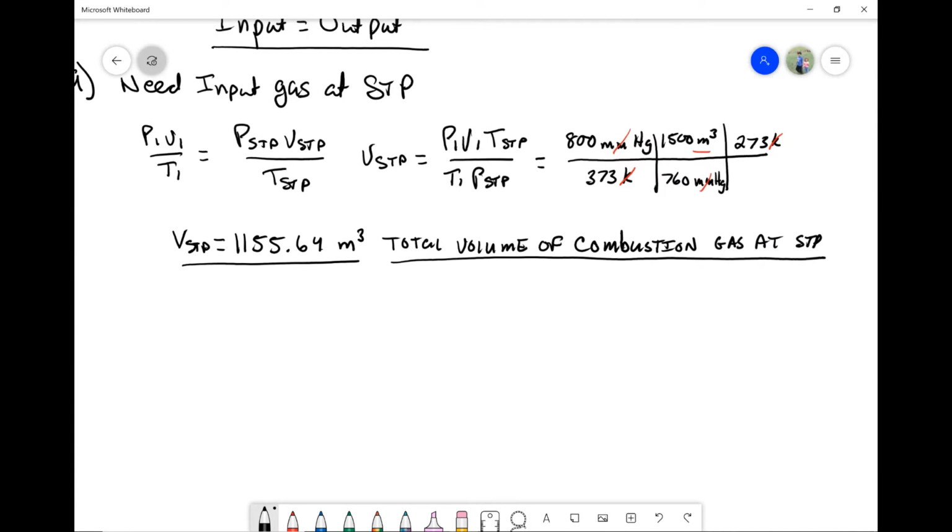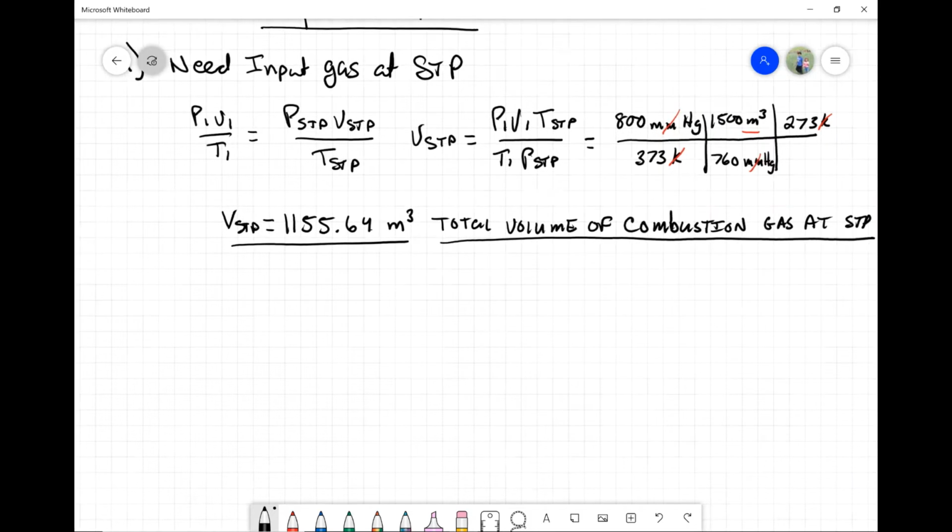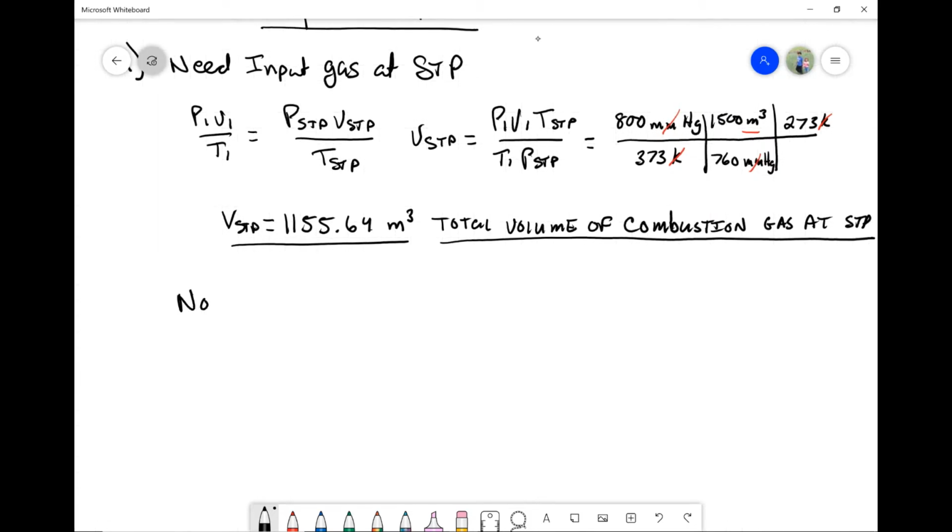All right, not done yet. These problems are a little lengthy. So we have our total gas, and now we need to figure out oxygen at STP.